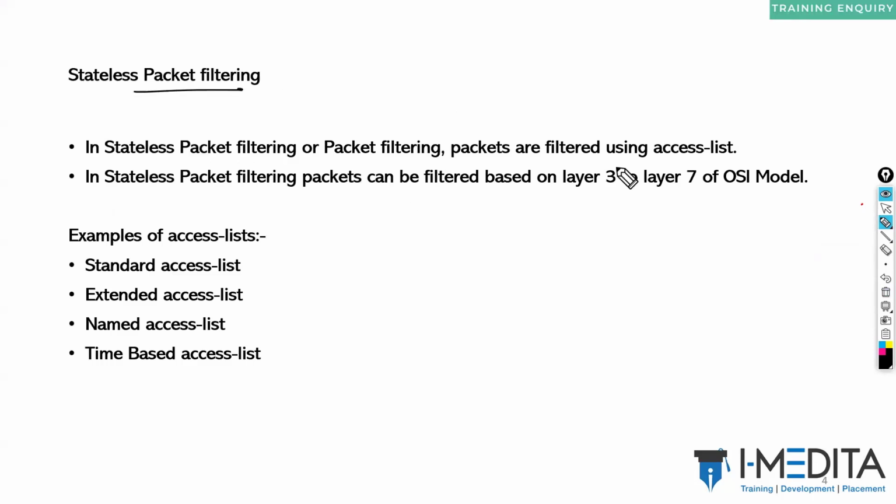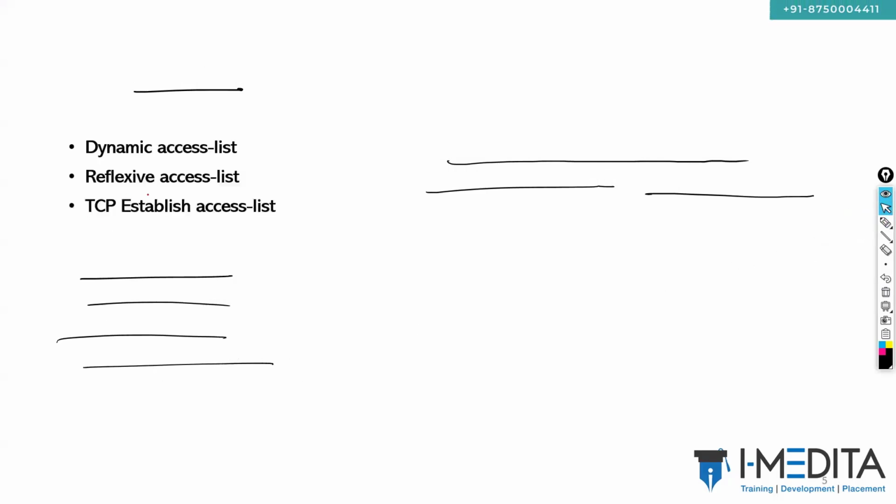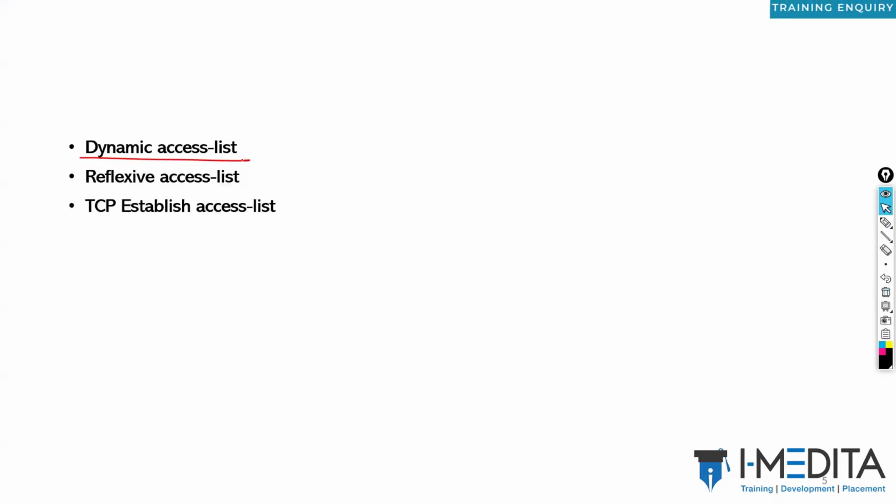First is packet filtering. In packet filtering, packets are filtered with the help of ACL. With the help of ACL, we can filter the traffic from layer 3 to layer 7. There are many types of access list: standard, extended, named, time-based, dynamic, reflexive, and TCP established keyword ACL. You can use such kinds of ACL here.